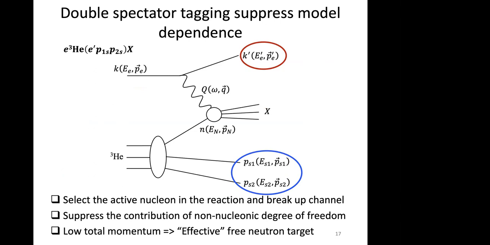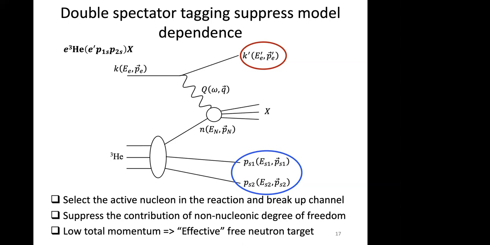So the tagging we want to do here is the double spectator tagging. Like I mentioned when I described tagging measurement, we can tag different components depending on what active nucleon we want to isolate in the reaction mechanism. If we are able to tag both spectator protons, then we are making sure that the active nucleon in the interaction is the neutron.